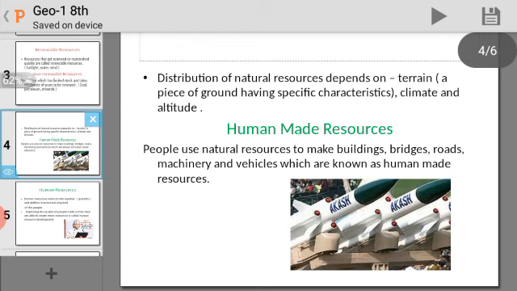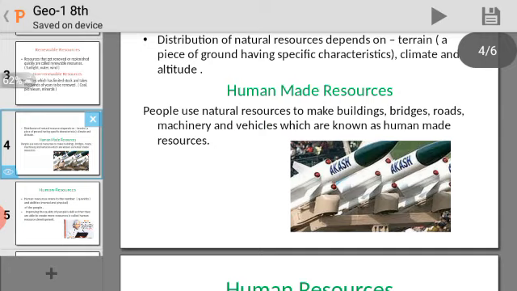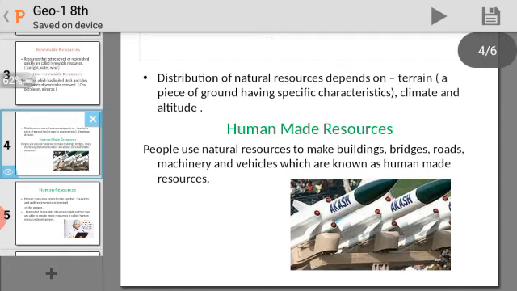Now, the next one is human-made resources. If I ask you, name some of the things that are made by human beings, then suddenly you will start answering, ma'am, chair, table, bridges, buildings. Yeah, you are absolutely right.